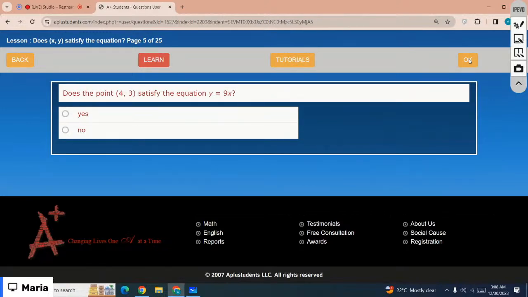The next one is, does the point (4, 3) satisfy the equation y equals 9x? So which is the correct option? Just replace the variables with the values and see which is the correct option.